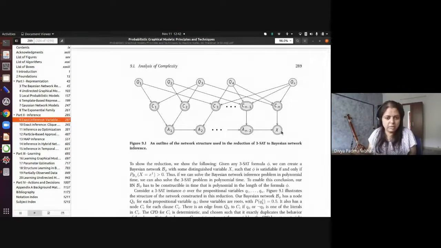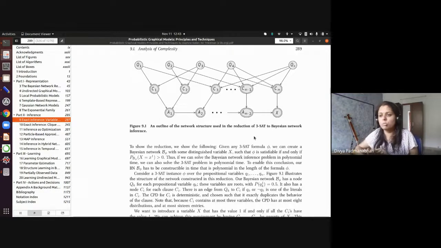From the satisfiability problem, there are some clauses and some Boolean variables, and you want to see if there's a way to satisfy all these clauses. Just to remind you of the satisfiability problem. So this is a representation in terms of a BayesNet, and if your query is just the probability of X, it turns out that if you try to compute all possible orderings, you'll always get exponential size tables.